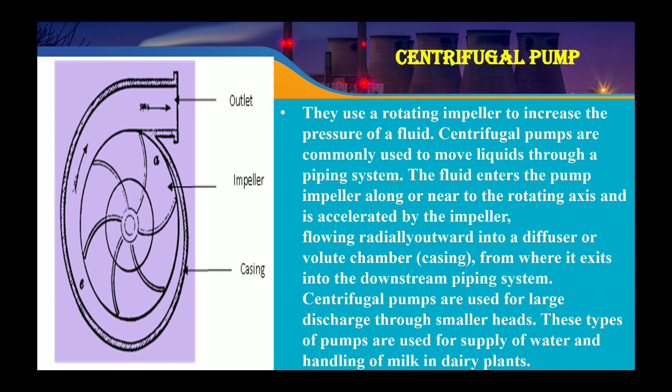Centrifugal pumps are used for large discharge through a smaller head. This type of pump is used for supply of water and handling of milk in the dairy plant. Where large amounts of fluids are used, centrifugal pumps are used to increase the pressure of a fluid.